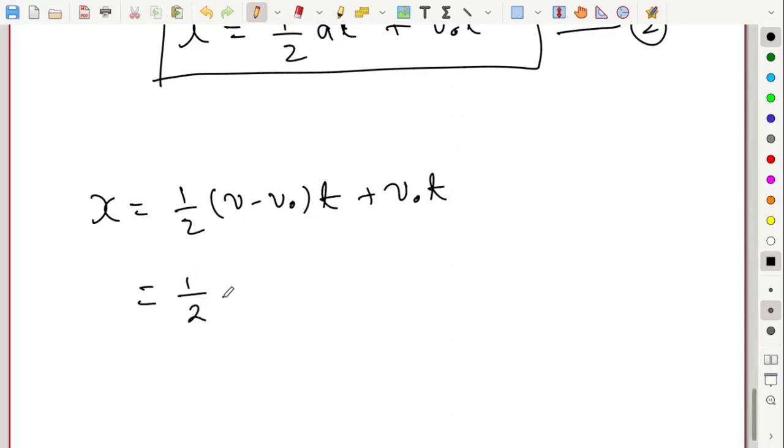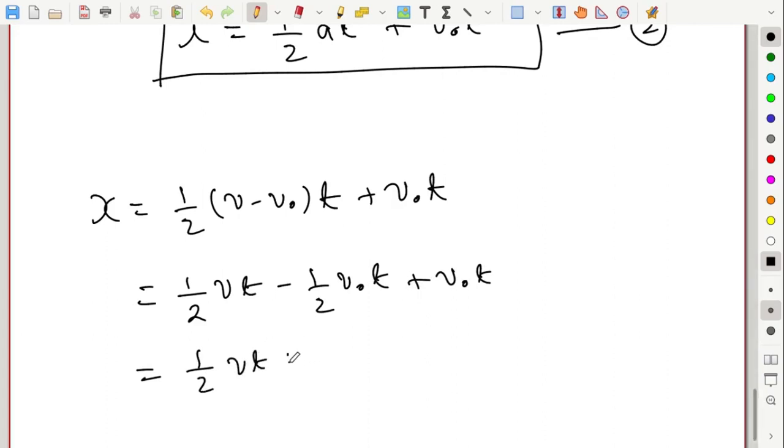So we have of vt minus of v naught t plus v naught t. Okay. So இதில் ரெண்டுத்துலையும் v naught t காமனாக இருக்கு. So we can take it out.